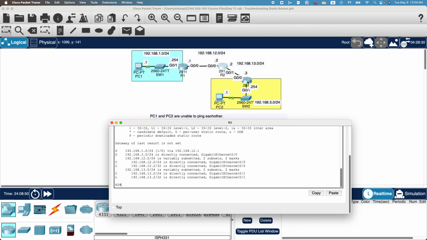I guess that is true, but I think it still needs a static route to this .3. It's missing that.